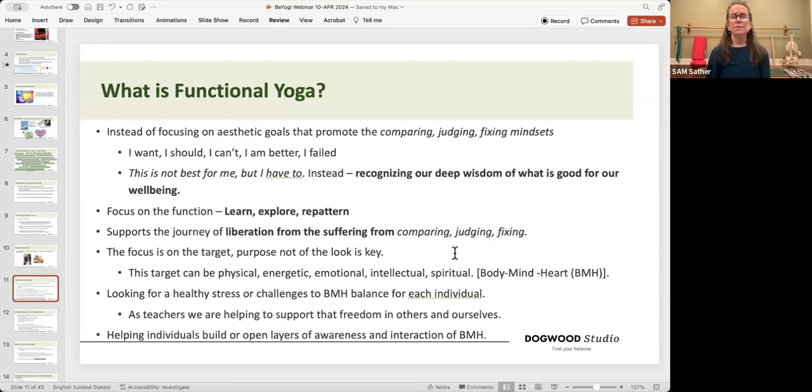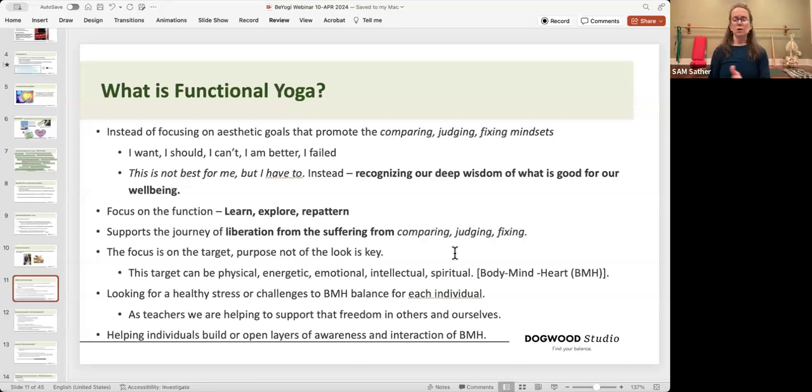So focus on function is a functional approach, and we need to define function. The idea of really the goal, the approach, is to cultivate learning about one's physicality, their inner body, their emotions, how they interact with these two, and also parts of them that they bring to the mat and in their life that support or hinder them.